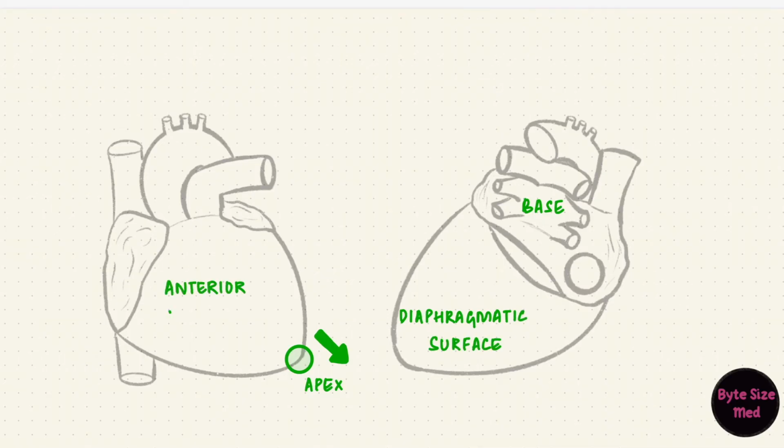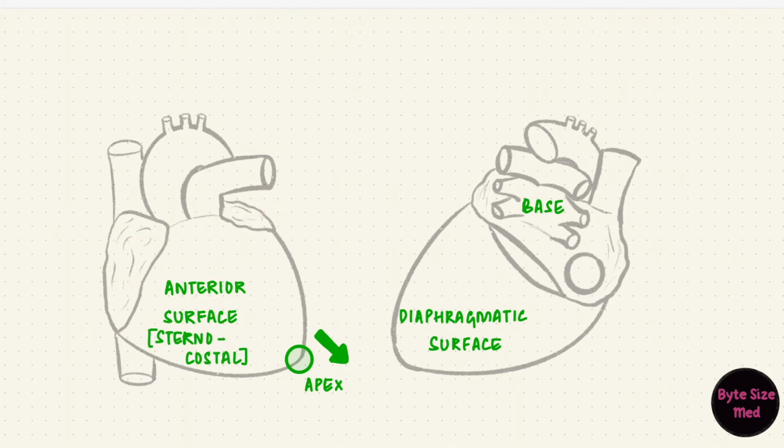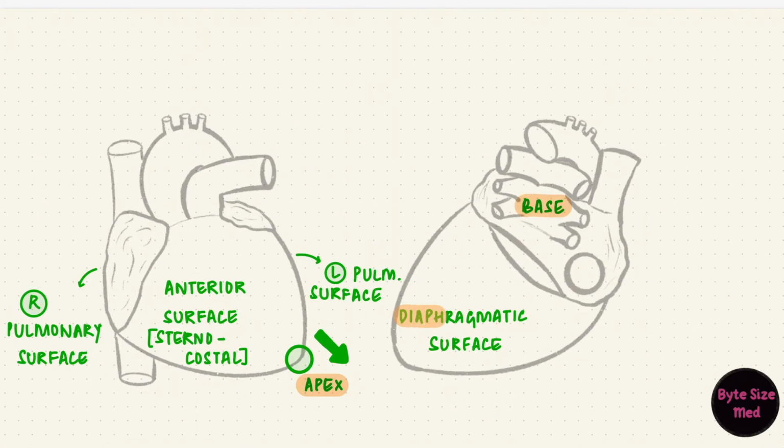The anterior surface would face the sternum and the costal cartilages, so it's also called the sternocostal surface. There are also surfaces on the sides that face the lungs. These are the right and left pulmonary surfaces. So you have an apex, a base, a diaphragmatic surface, a sternocostal surface, and right and left pulmonary surfaces.